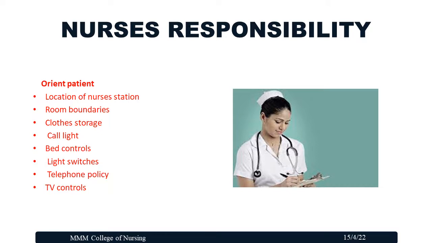Telephone policy: what is the number for the dietary department, the number in case of any emergency, and the number for the nurses station. We should explain all of that to the patient, and the TV control, how to operate the TV in the hospital setup. We should explain all the things very clearly.